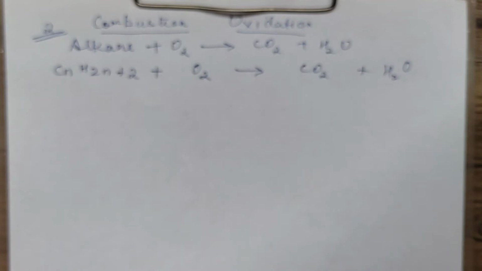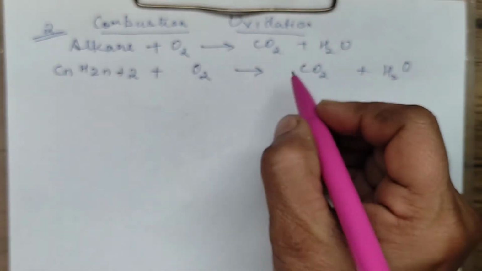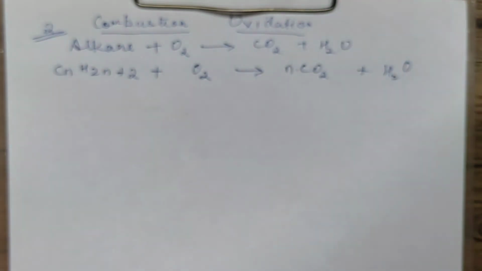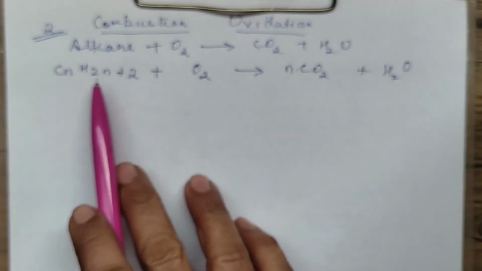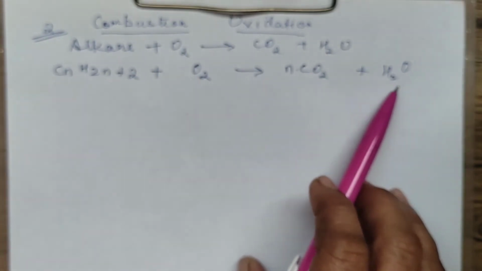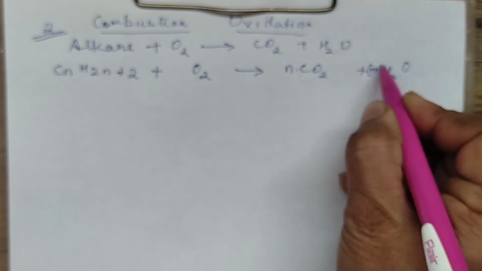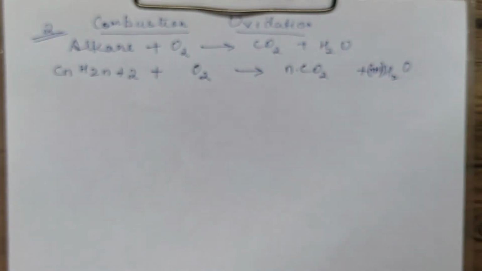Now when you balance it, you can balance it like this. n carbon atoms mean this will be n. If you check hydrogen atoms, it is H2n+2, so this will be n+1.